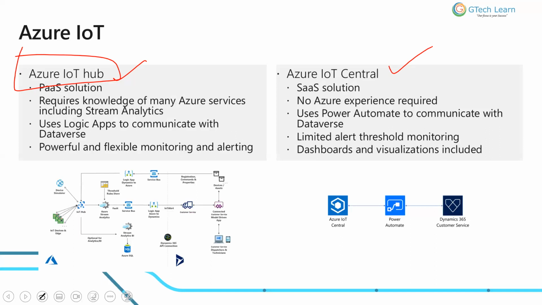We can send the telemetry data to my Dynamics environment using Power Automate after reaching limit thresholds and so on. And there we can also create dashboards and visualizations on that same Azure IoT Central platform. So these are the two services we can opt for with IoT related scenarios.